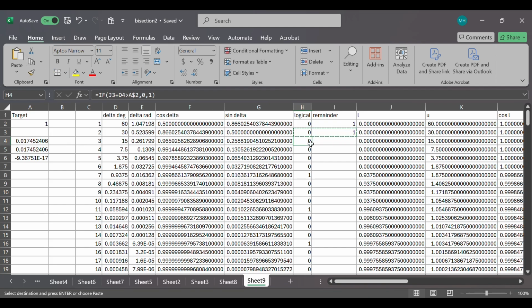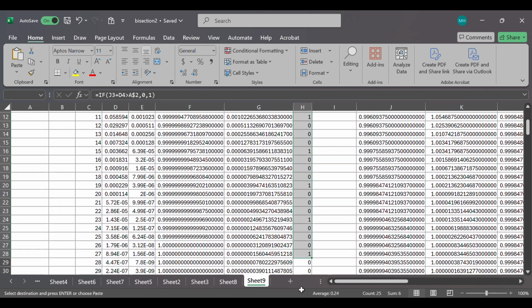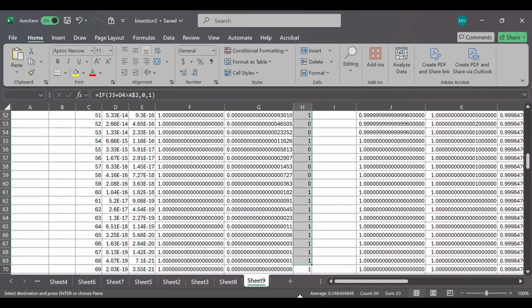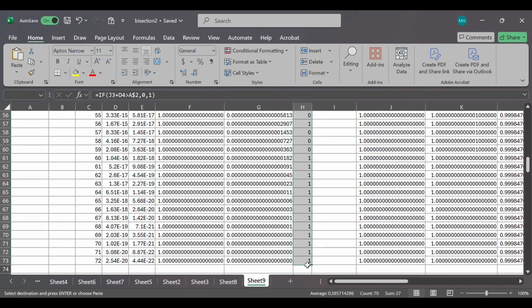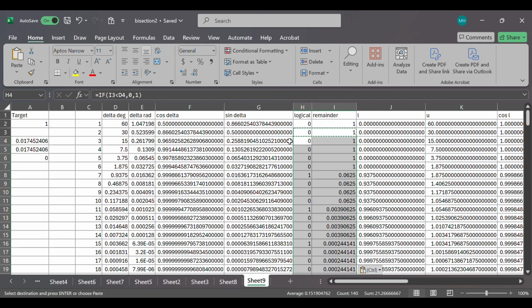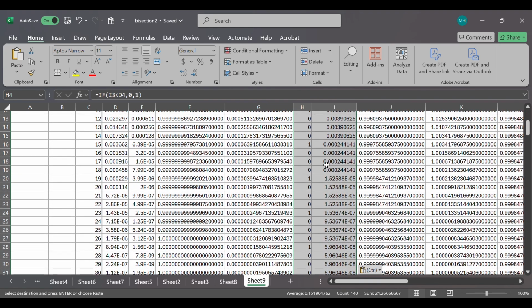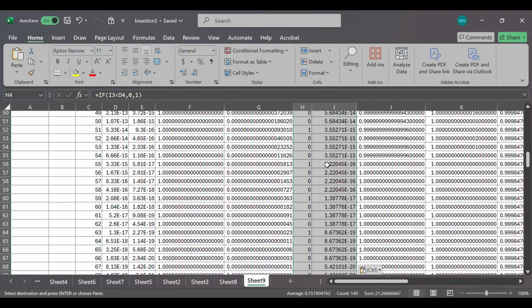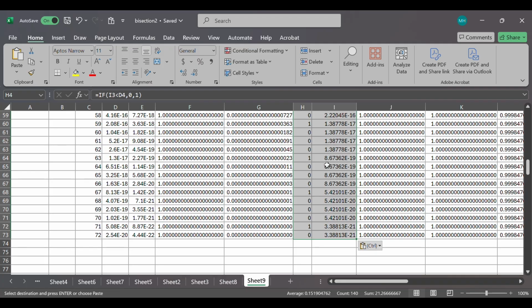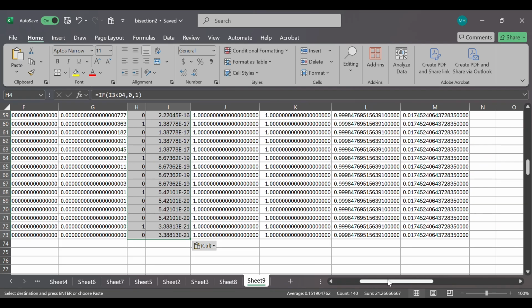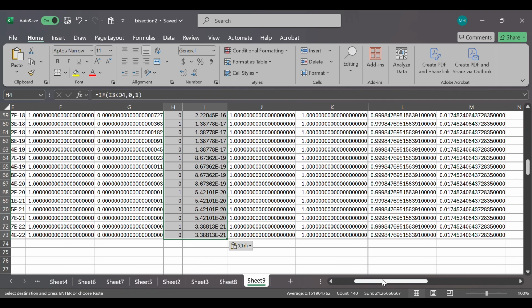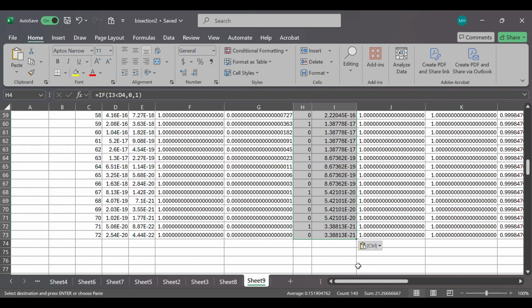And we bring that down. That's it. That's all we're doing to the spreadsheet. Did it do anything different? Yes. I can see that the logic is different all the way down to the very end.